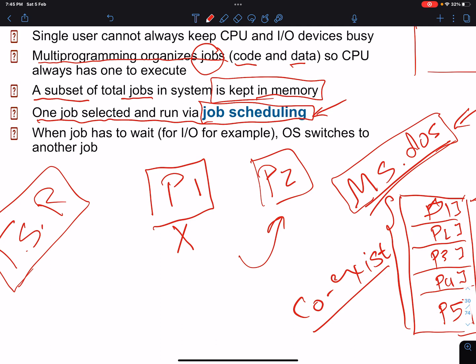And for those who studied data structures and dealt with queuing systems, you know that we have something called first come, first serve. We have something called shortest job first. We have something called earliest job first, and so on and so forth.